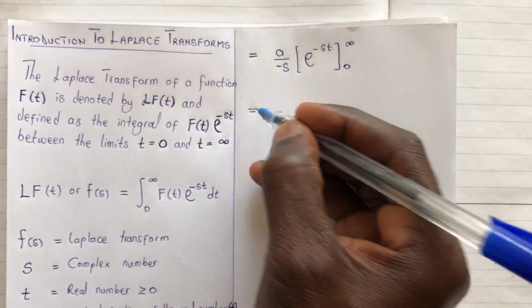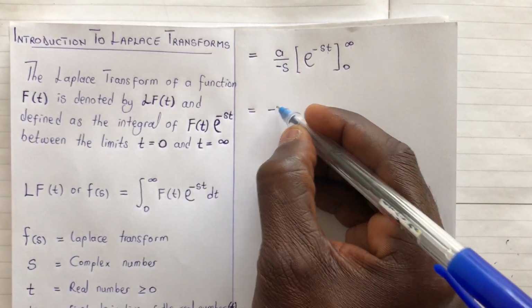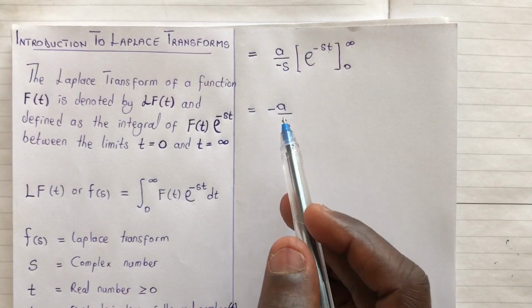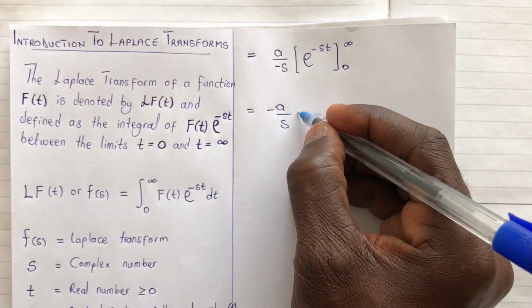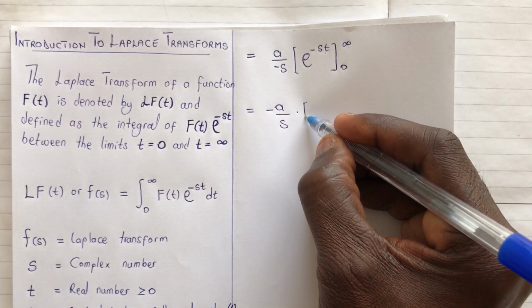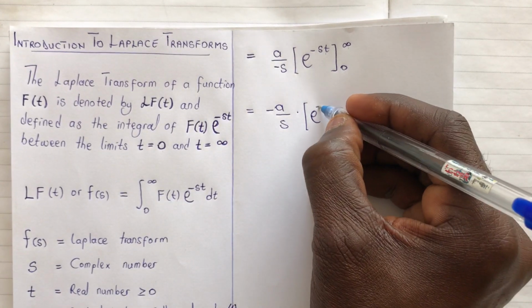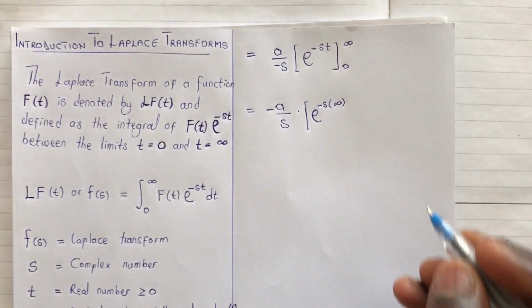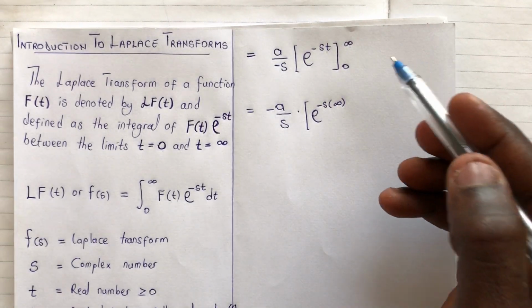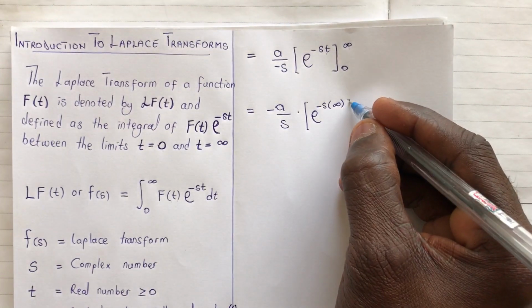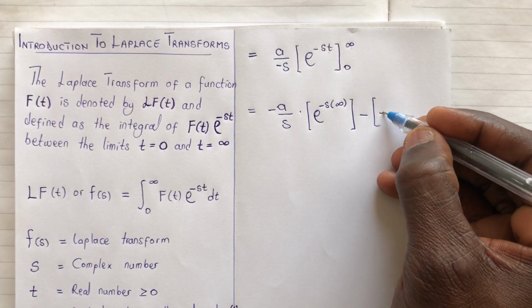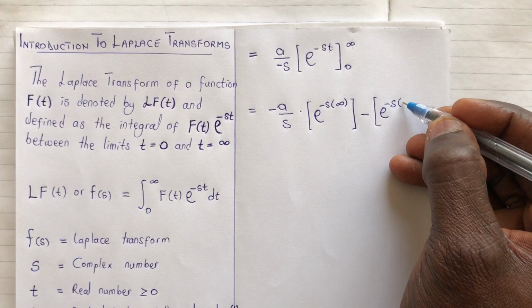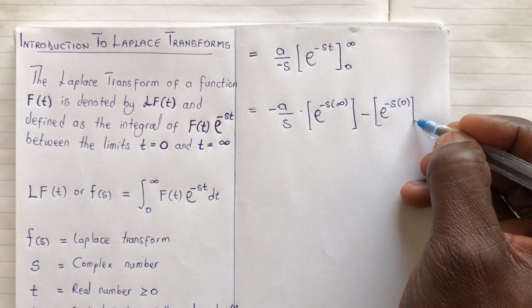So this is giving us negative a over s. This is the same as negative a over s times, now let me introduce the upper limit, e to the power negative s into infinity. Wherever I see t, I introduce the upper limit. Then I close the bracket, minus e to the power negative s into 0, which is the lower limit.